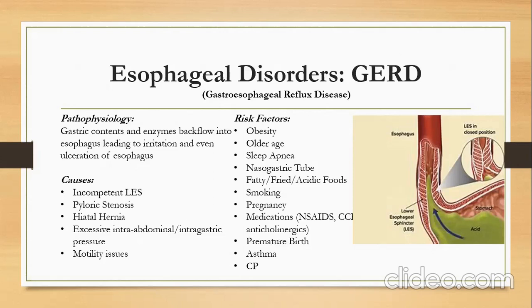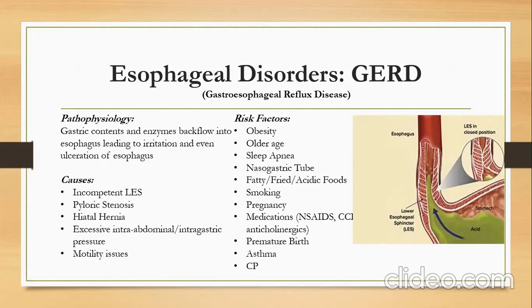So when you look at the PEDS book, it talks about GER and GERD. GER is just like, okay, you get some heartburn, but it's not a chronic disorder. And for babies, that is common for newborns and typically resolves within the first weeks of life. If it persists, then it's considered GERD.